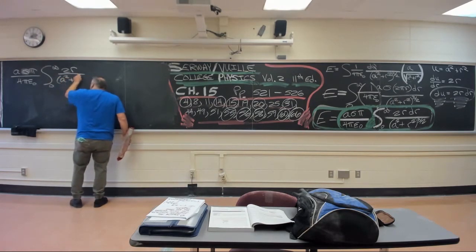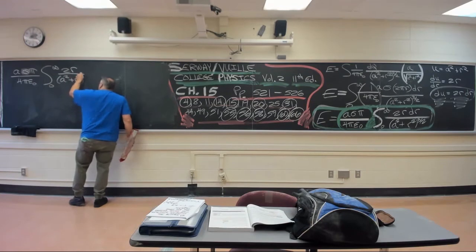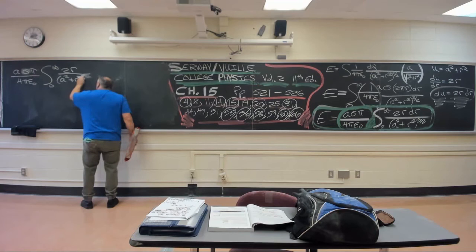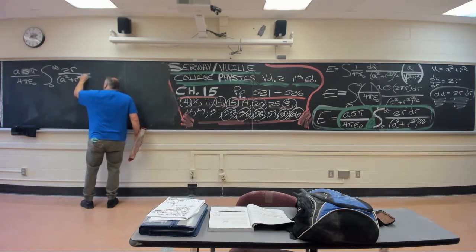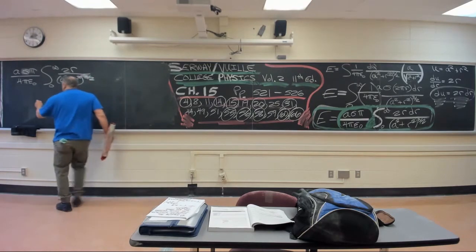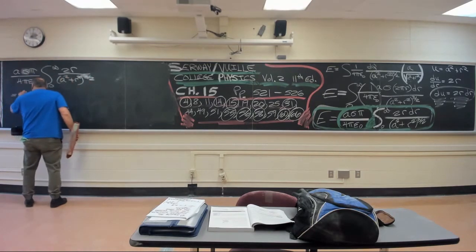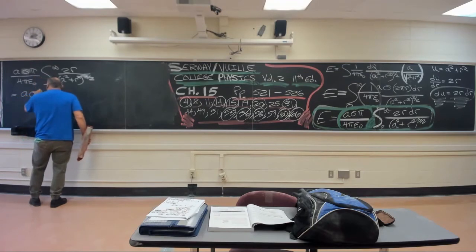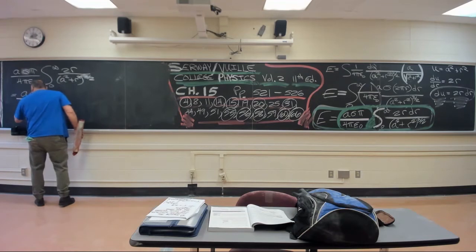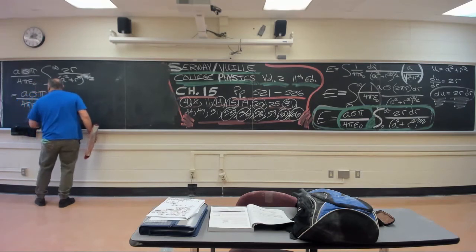It's looking like this, to the 3/2, which is the same as a sigma pi over 4 pi epsilon naught.